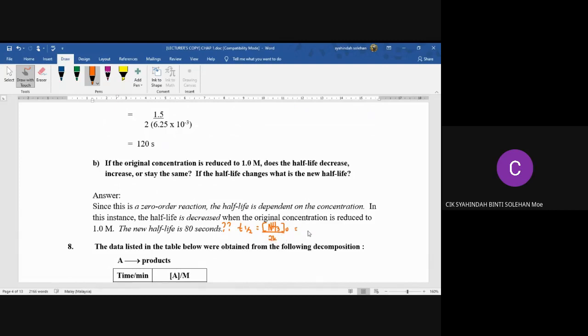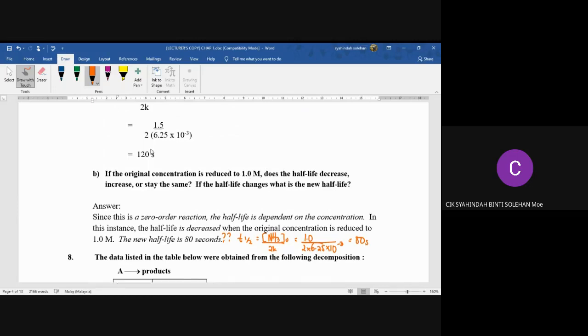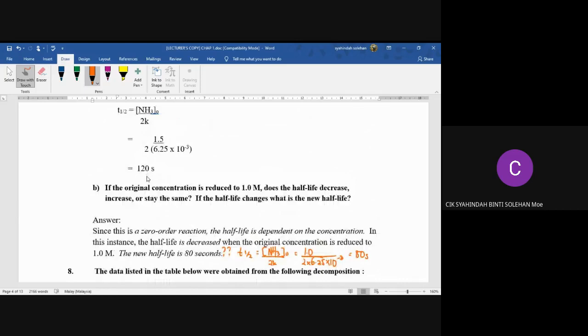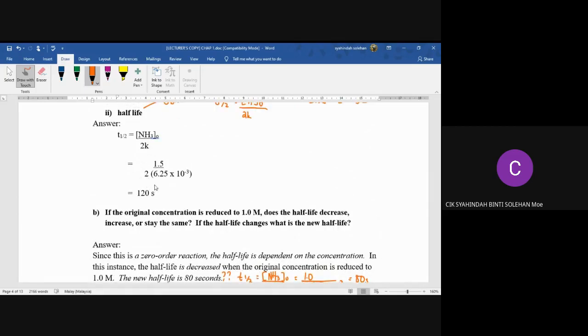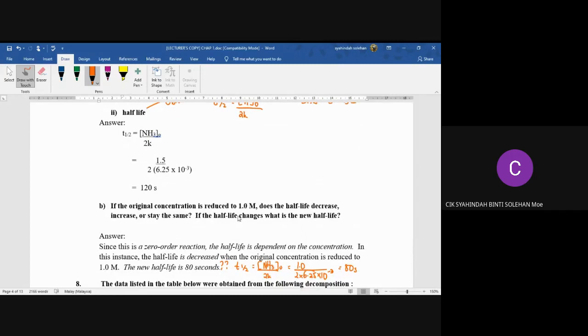Kalau concentration initial of your NH3 tu jadi 1.0, so 2 kalikan dengan rate constant yang baru, which is 6.25 times 10 to the power of negative 3 should be, you dapat 80 seconds lah half-life dia. Supposedly lah 80 seconds. So sekarang ni you nampak tak dia punya half-life to decrease bila dia reduce to 1.0 molar. Decrease kan kalau ikutkan original 120 second. Tapi kalau let's say you reducekan dia punya concentration, so half-life dia pun will be reduced.